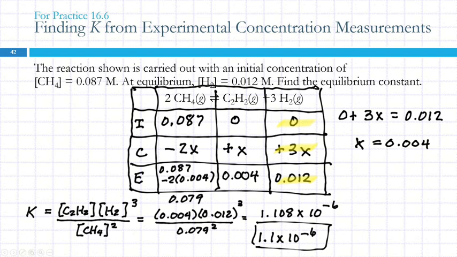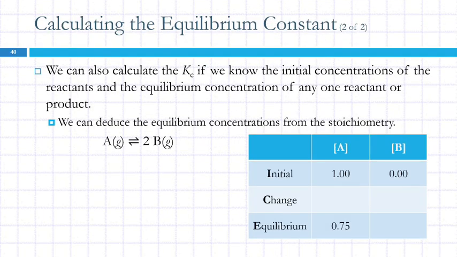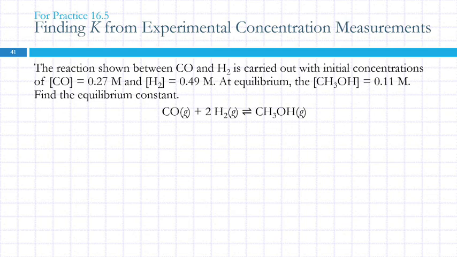Any questions? Okay, let's go back and do the first one. This one. Here we have 2 reactants and 1 product. We're given initial concentrations for the reactants and an equilibrium concentration for this.